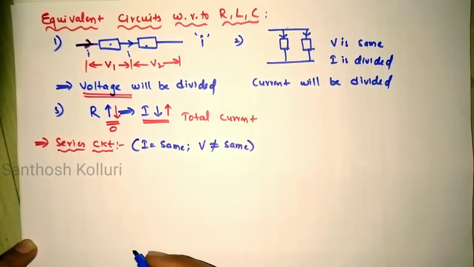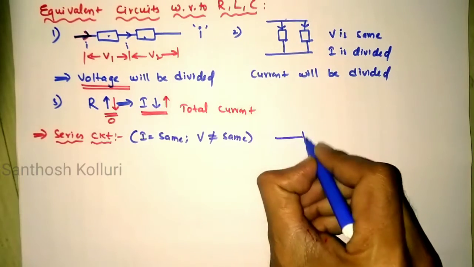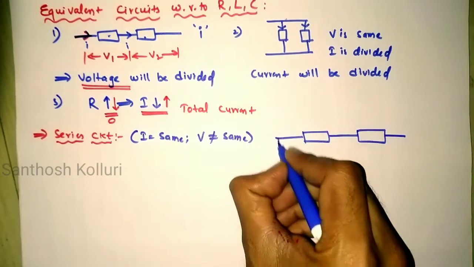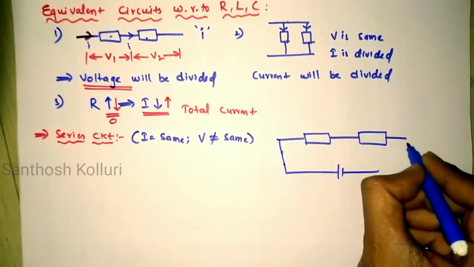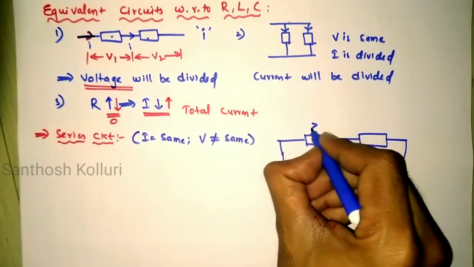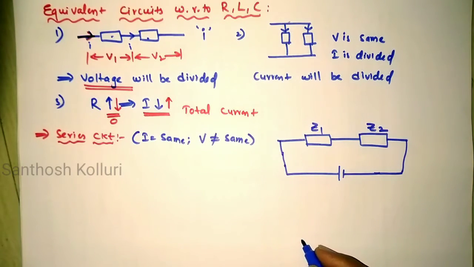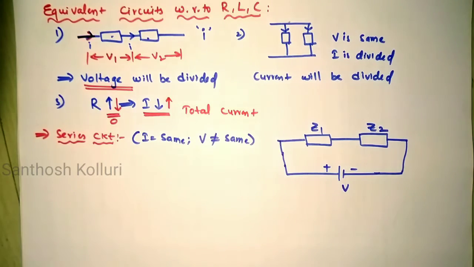Here I am taking a circuit such that two elements are connected in series: the element having impedance Z1 and the element having impedance Z2, and this is the voltage applied.